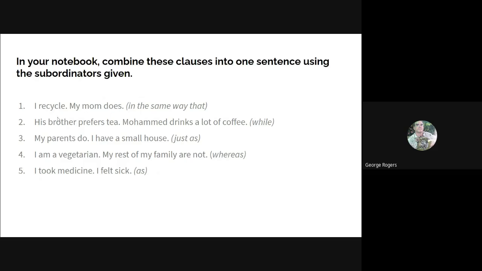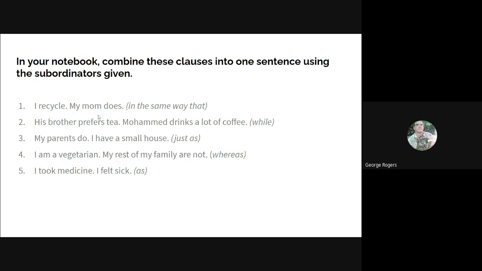So again, when you try to put these together, this is the dependent. So: I recycle in the same way that my mom does. You can also put this first: in the same way that my mom does, comma, I recycle.